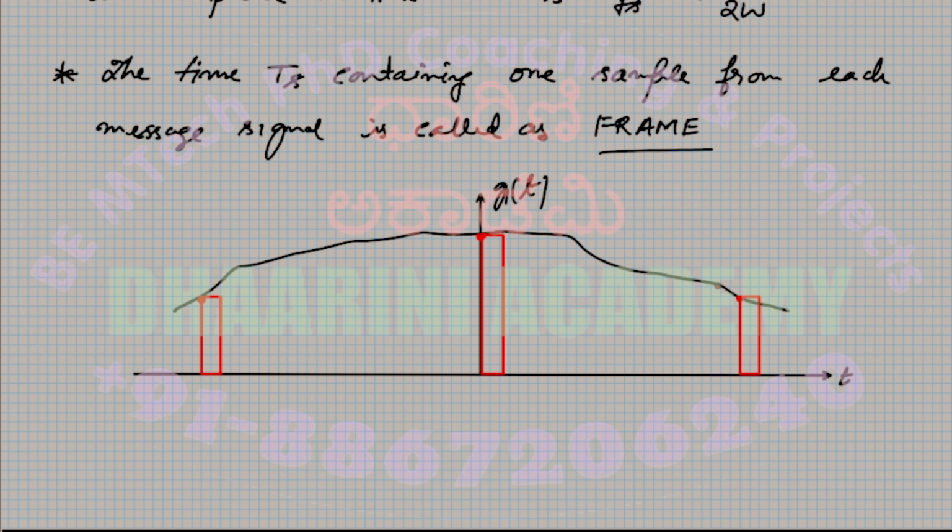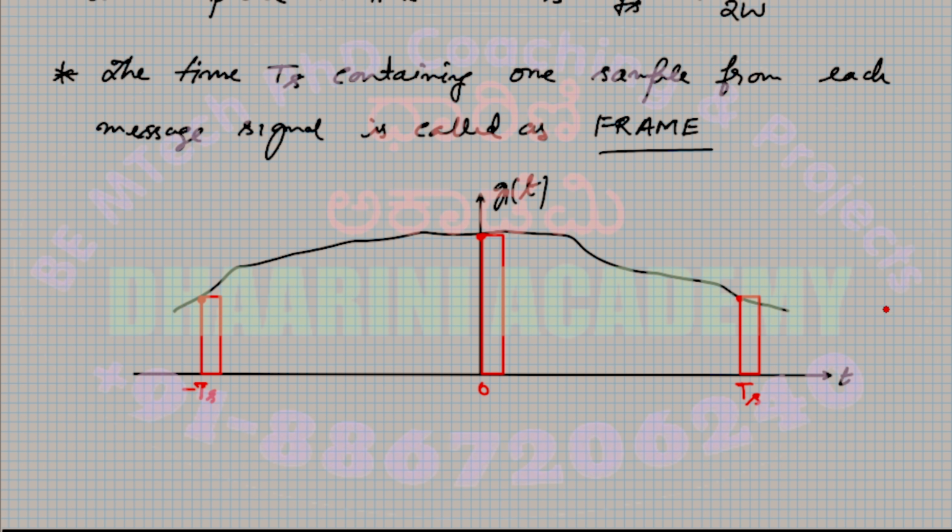This is the sampling of G1 of t only. What is the sampling duration now? I'll say this is 0, the one on the right side should be Ts, and this should be minus Ts, because that is the requirement of sampling for a given signal. If there is no commutator and I'm sampling only one signal, this should be Ts.